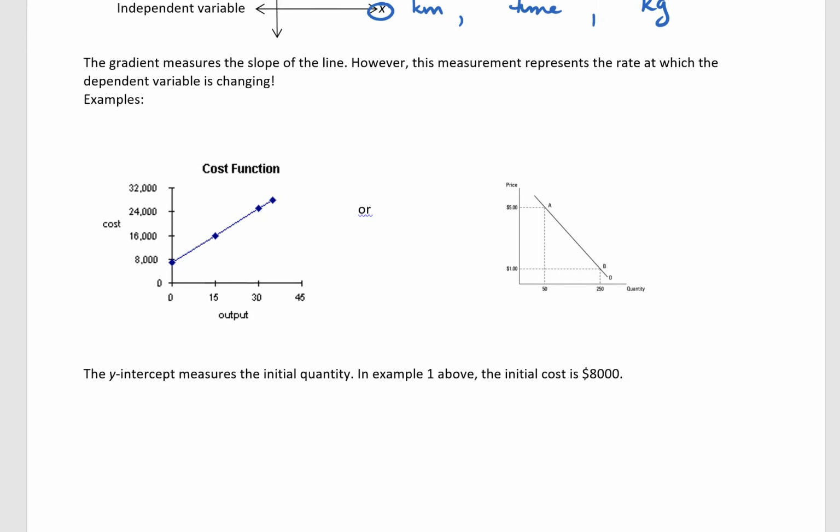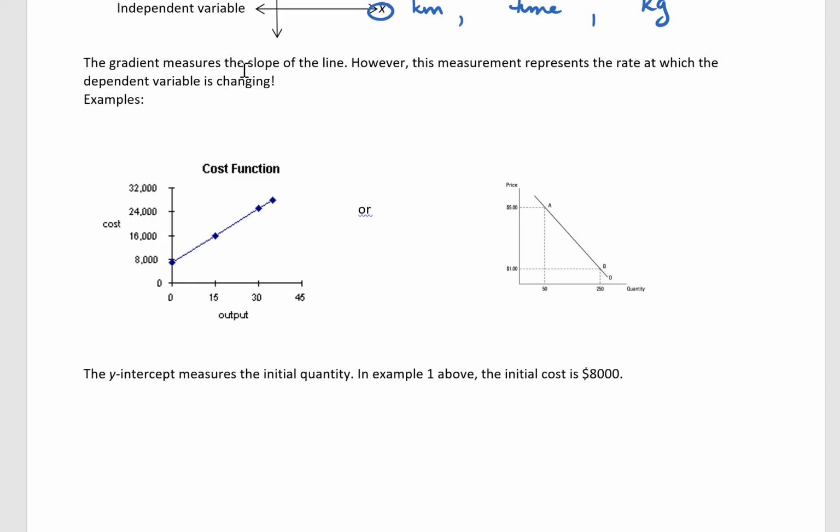Now, what does the gradient do? We know the gradient measures the slope of the line. But if I'm talking about population, and then I just say the gradient's the slope of the line, that means nothing in terms of population.